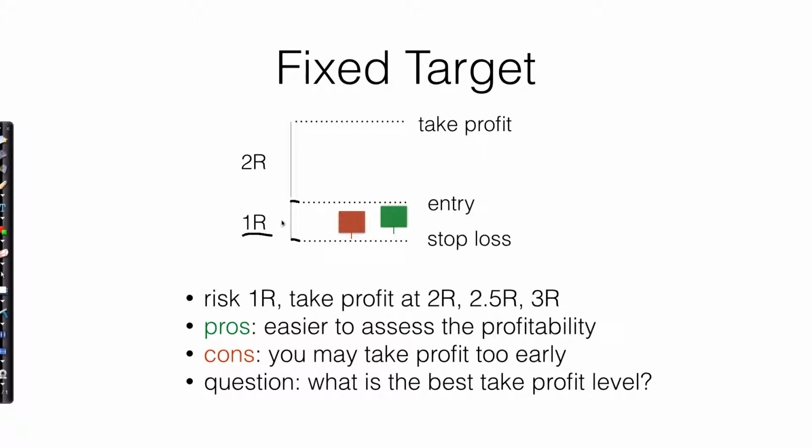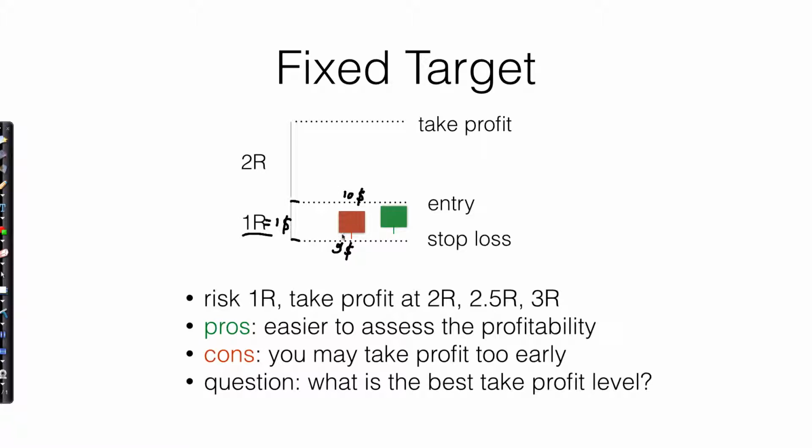If this is $10 and this is $9, my 1 R is $1. Theoretically, for every share that I buy, in the worst case, if I buy at 10 and sell at 9, I lose $1.